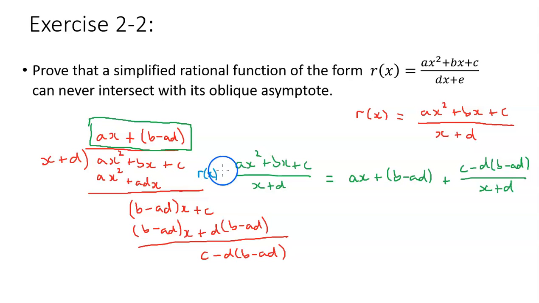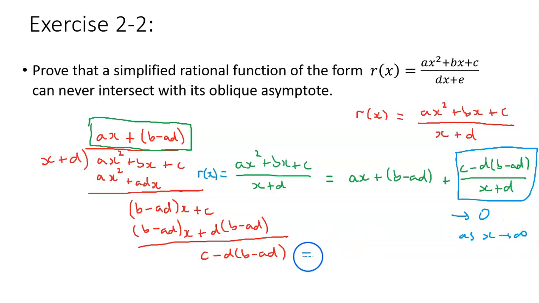So this is our function r of x, and as x tends to infinity, this part tends towards 0. So that means that r of x tends towards ax plus b minus ad.